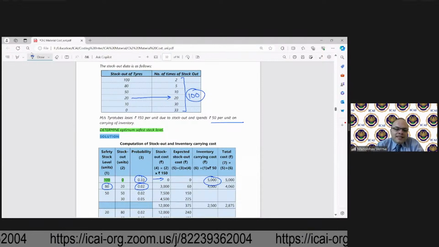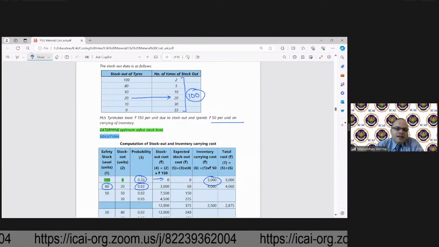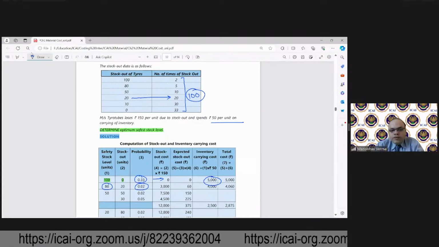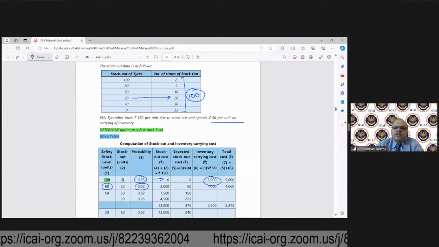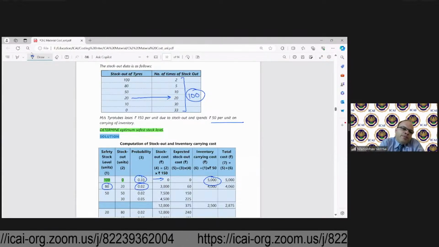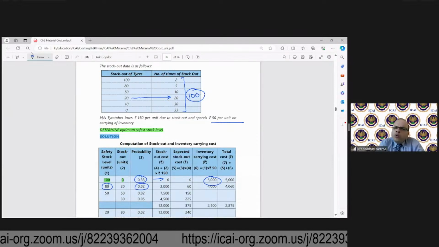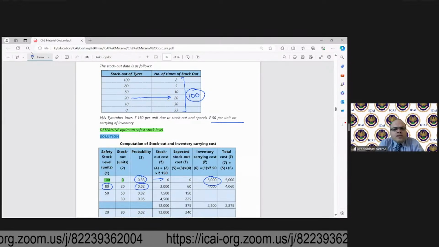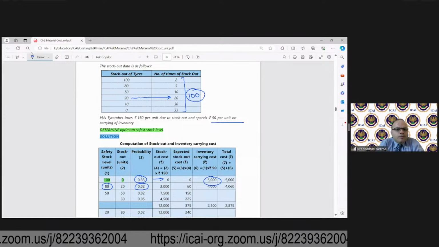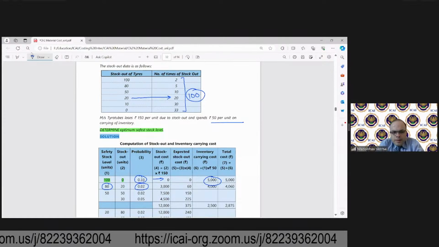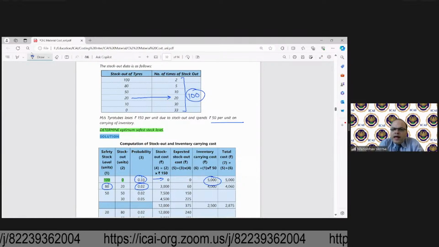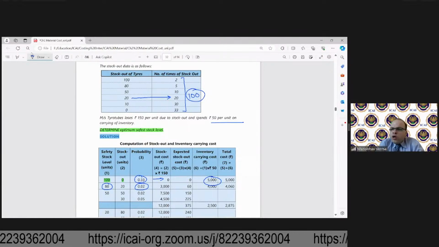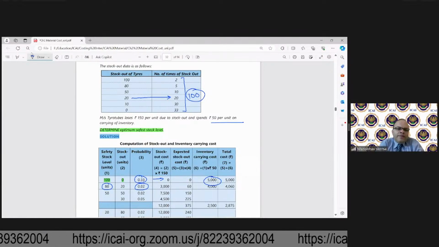Now, what you need to understand here, guys, is how we are taking this probability for an 80 safety stock level. Do you agree with me that there will be a stock out only if there is a demand of more than 80 tires? Yes or no? If I'm having a safety stock level of 80 tires, I will be having a shortage or a stock out only when there is a demand for more than 80.